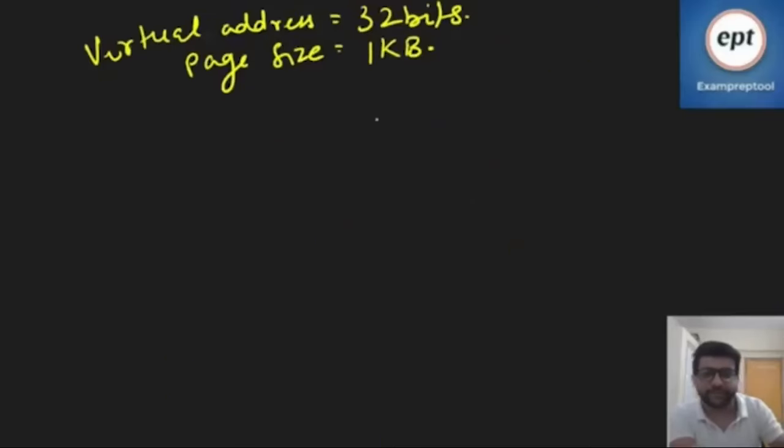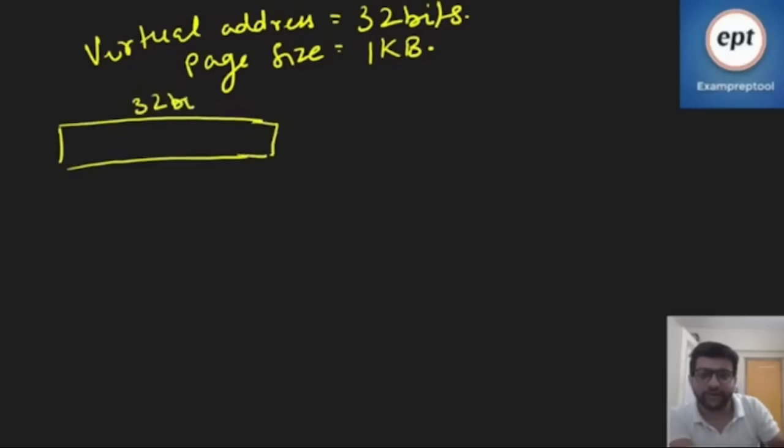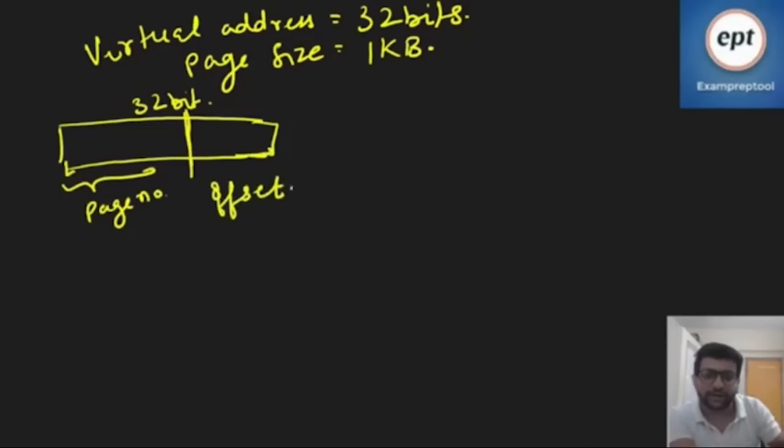So let's see. We have been given a 32-bit virtual address, right? Out of this 32-bit virtual address, let's say this is our page number and this is our offset, right?